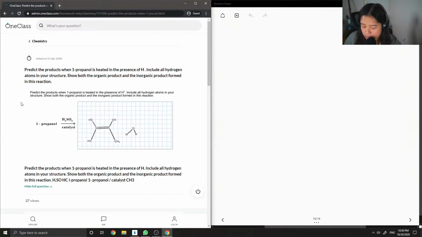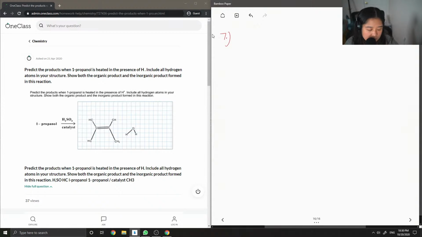Okay, so now let's go on to question number 7. Predict the products when 1-propanol is heated in the presence of H+, I'm assuming. Include all hydrogen atoms in your structure. Show both the organic and the inorganic product formed in this reaction.